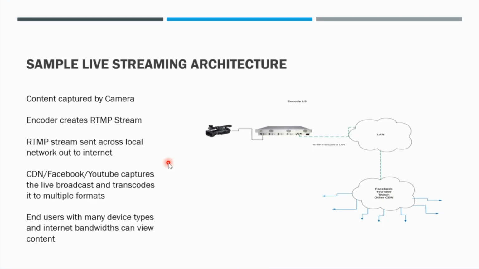And then SRT, Secure Reliable Transport, uses 128-bit encryption on the content itself as a security measure to make sure that the content can't be interrupted as it's moving between point A and point B. So all of the major players with live broadcasting capability have added a level of security as well.